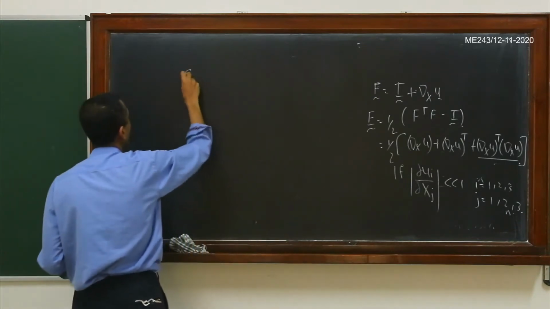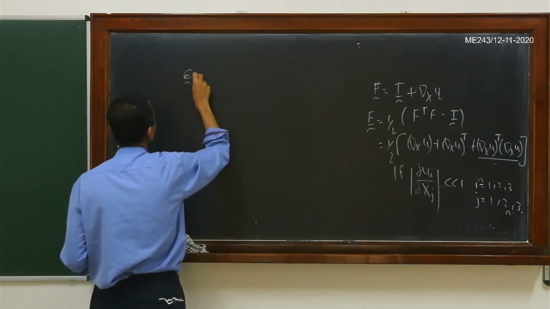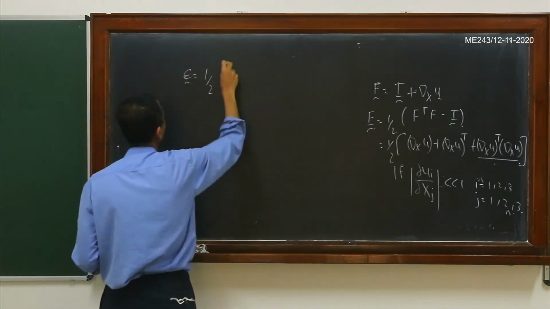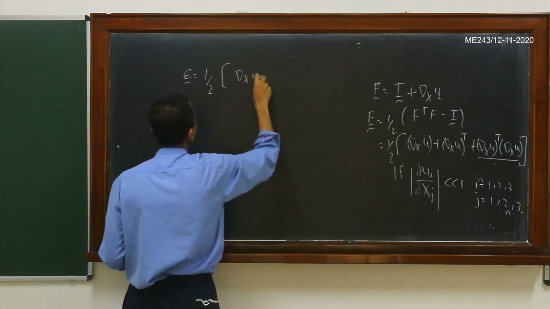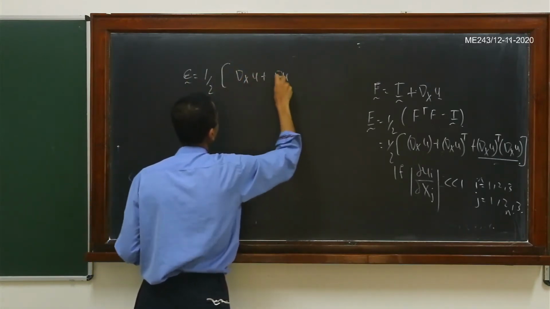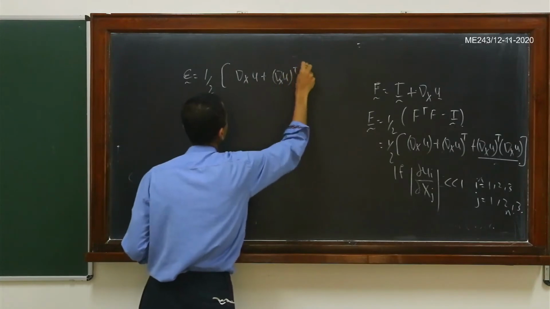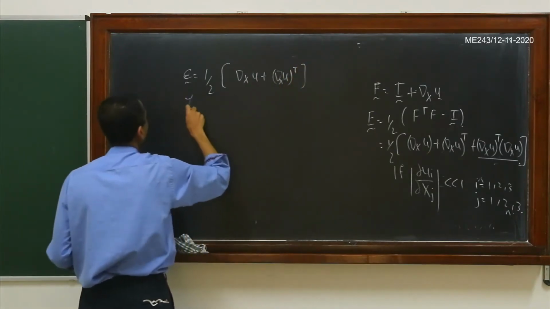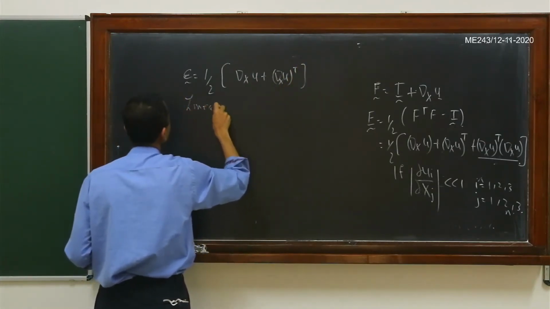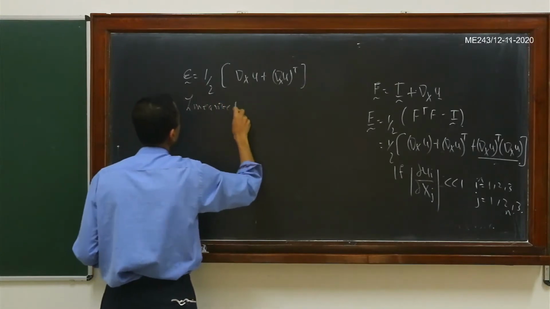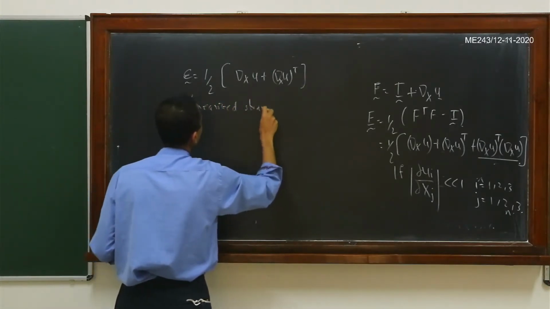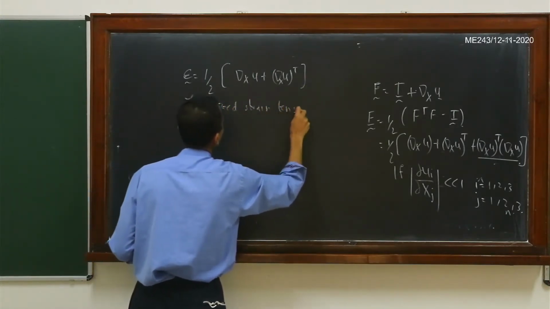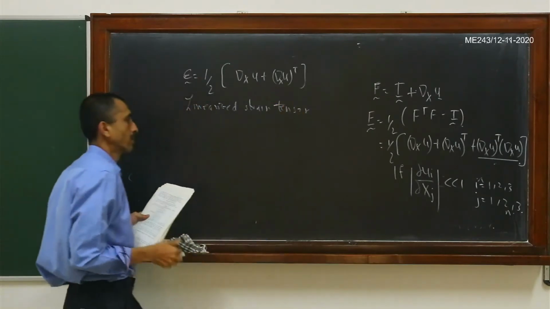The linear epsilon is equal to half of del U plus del U transpose. So this would be the linearized strain tensor.